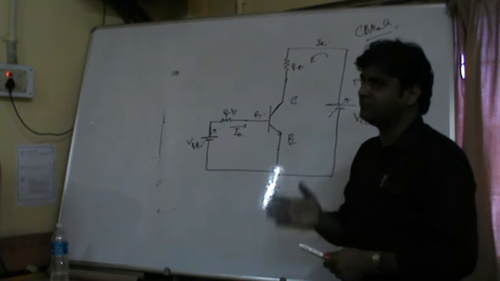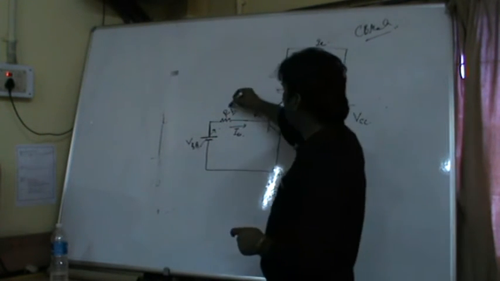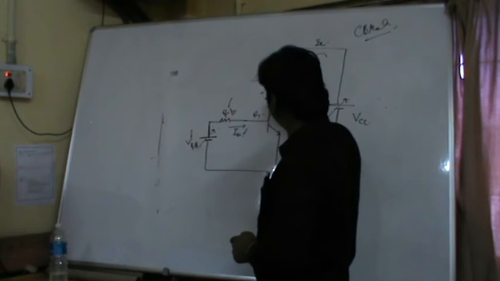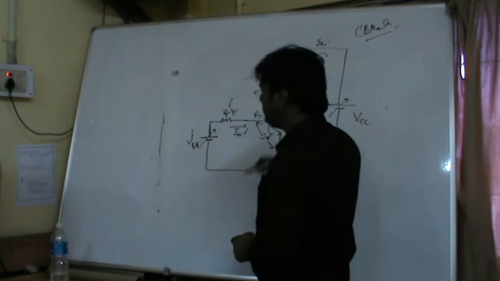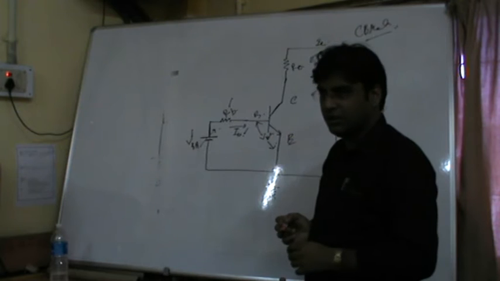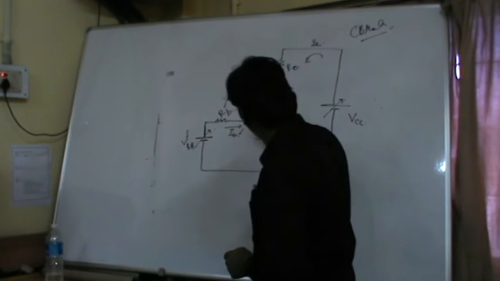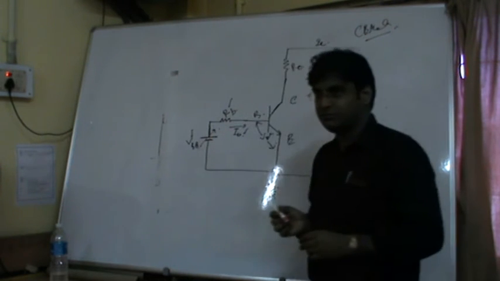You see this is an entity, this is an entity, this is an entity, this is an entity, this is an entity. Clear? So these are the entities in the input side.